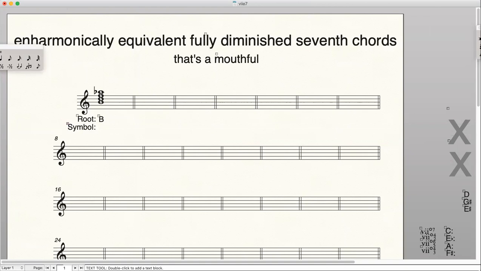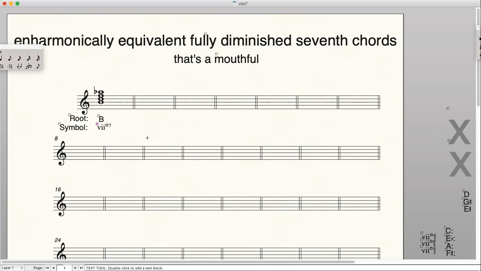So if we had to give it a symbol, we know it's going to be the 7 fully diminished 7 chord, right? That's what we had decided. But my question to you then is, what key does this chord exist in as the 7 fully diminished 7?